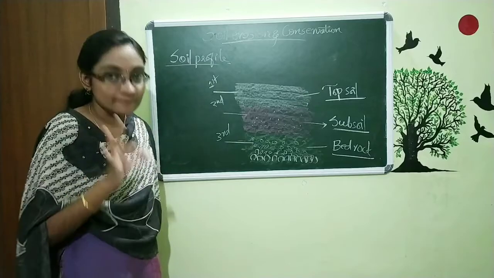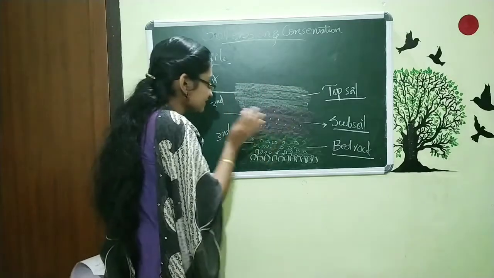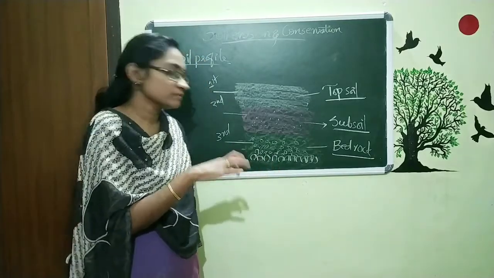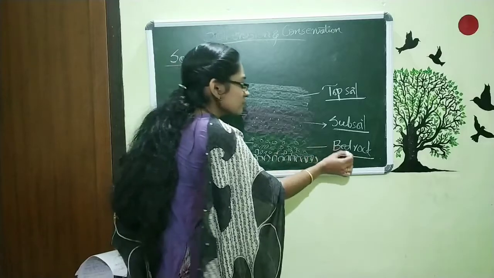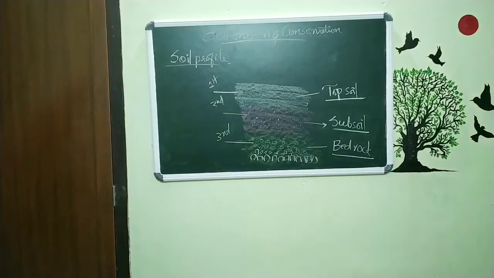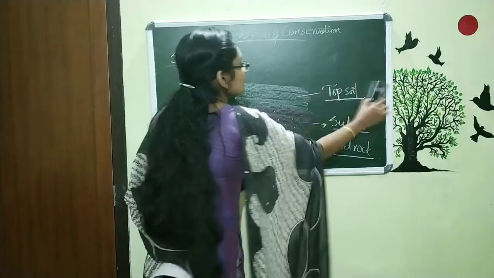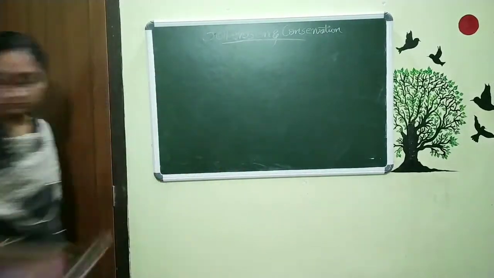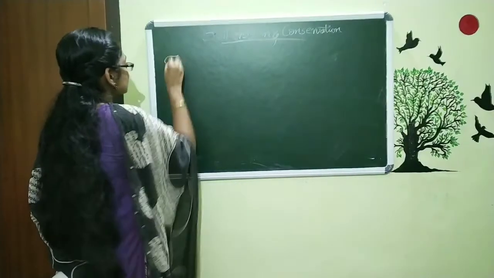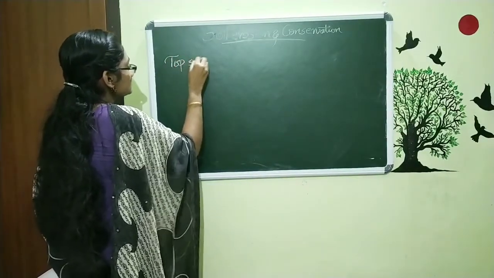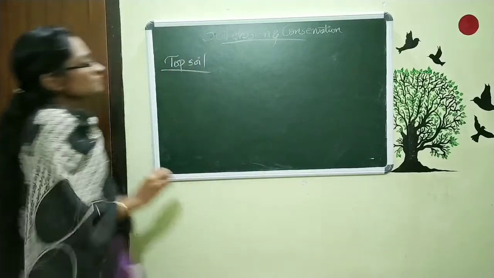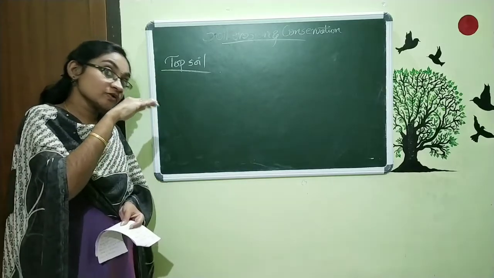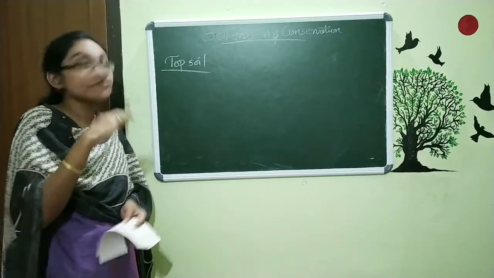subsoil and bedrock. When you observe this picture, you can see the bottom layer contains big rocks. We can discuss that at the time of the bedrock discussion. So the first topic is topsoil. The first point we know: topsoil is the topmost layer, or the first layer, of the soil.